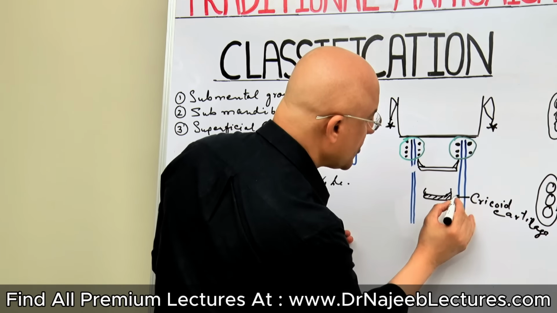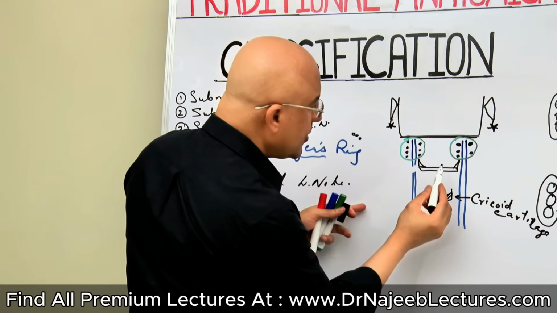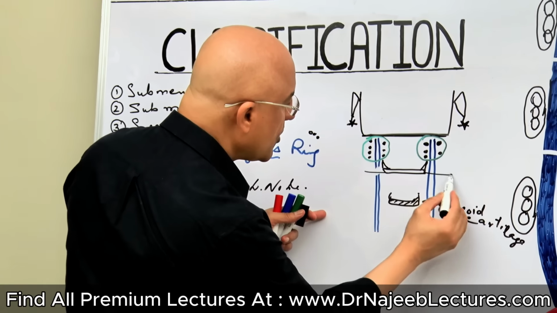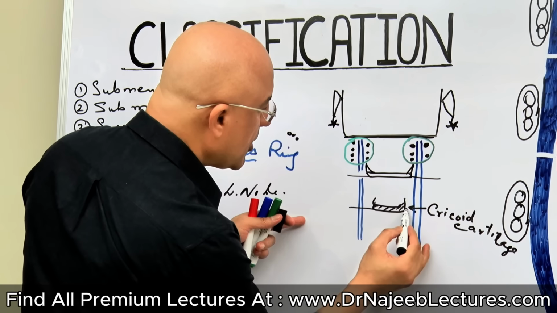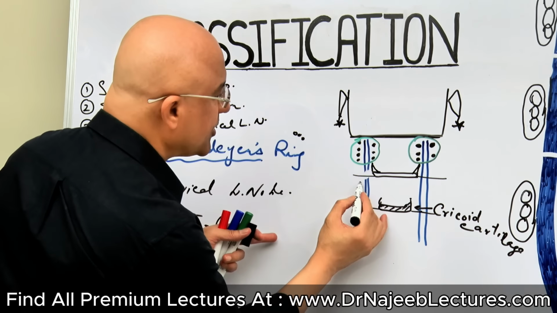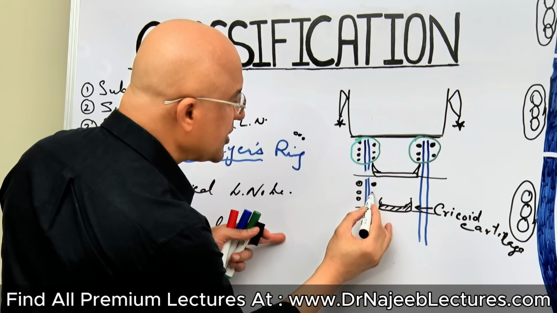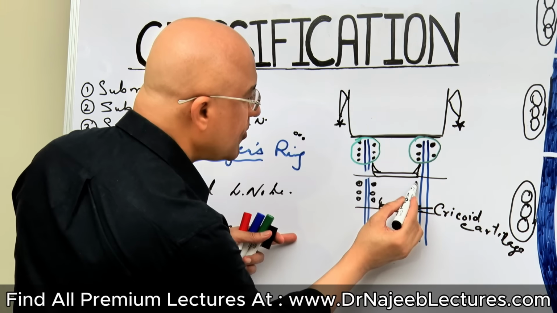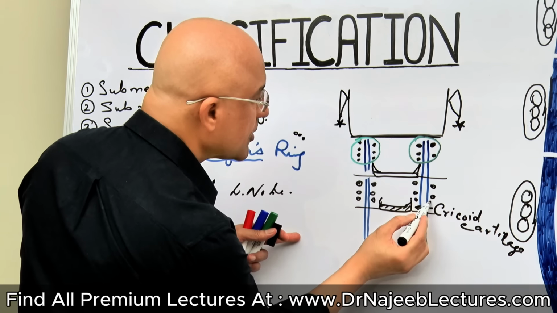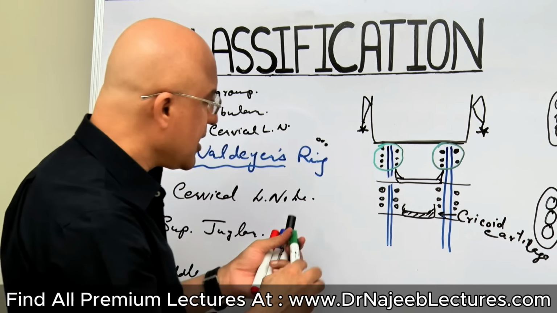Now, the lymph node group which is between the inferior border of the hyoid bone and up to the inferior border of the cricoid cartilage, this is basically your middle jugular lymph nodes. These are middle jugular lymph nodes, right?